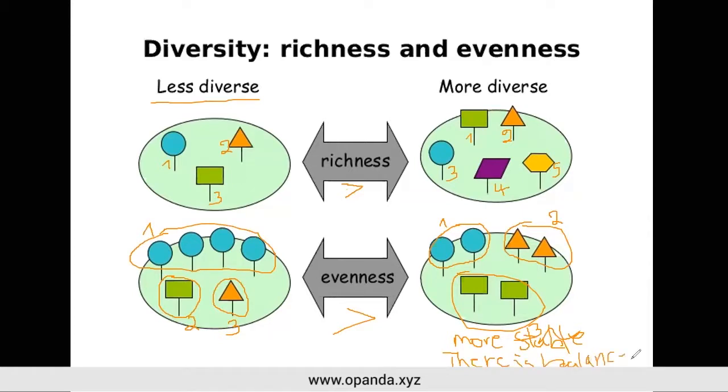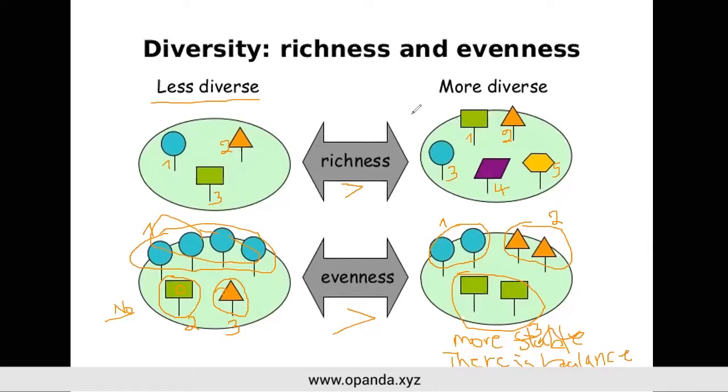Because you see, the first species we have 2, the second species you have 2, the third species you have also 2. There is a balance. While here, no balance. Why? Because you see all of these, this is only 1, and this is only 1.